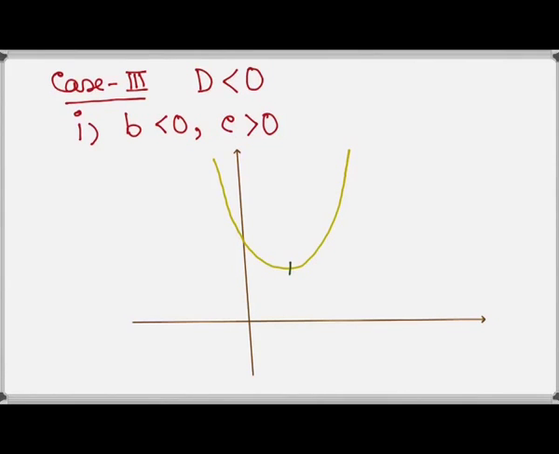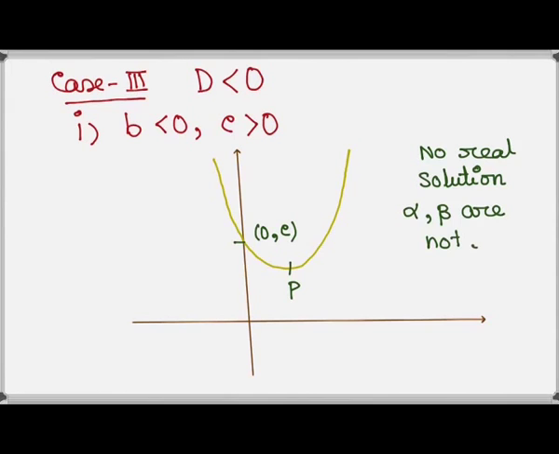So this is our vertex P, this is the y-intercept, and from this picture we can clearly see that there is no real solution, as the parabola is not intersecting the x-axis. So here alpha and beta are not real.